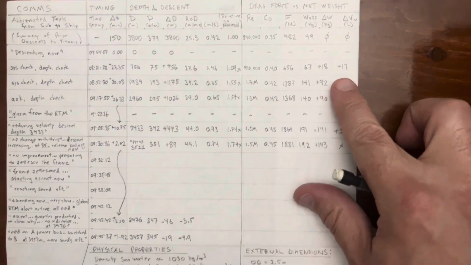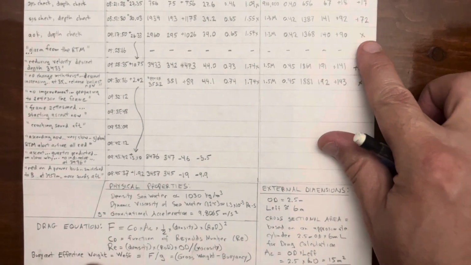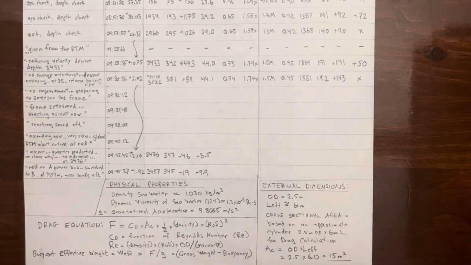If we look here, we've got the drag equation. It's fairly well known in fluid mechanics, where you have the force of drag equals the drag coefficient C sub D times A_C, the cross-sectional area, times 1/2 times the density of the medium times velocity squared. In our case, velocity is rate of descent.